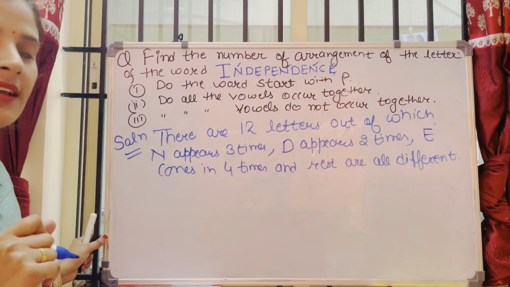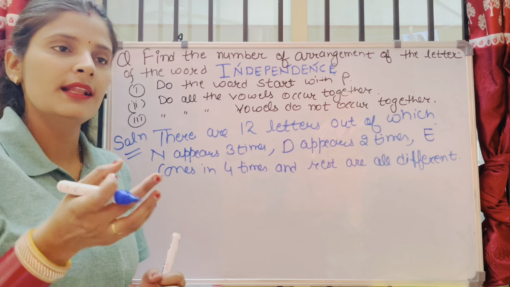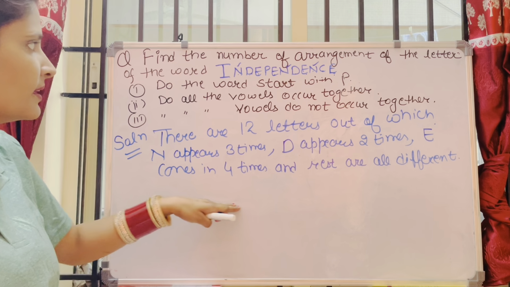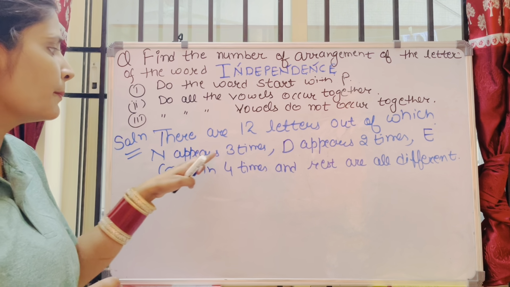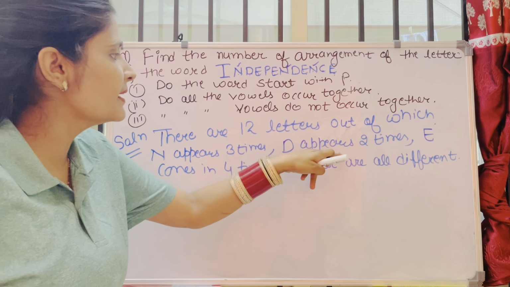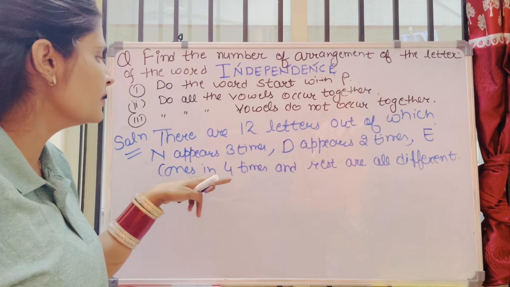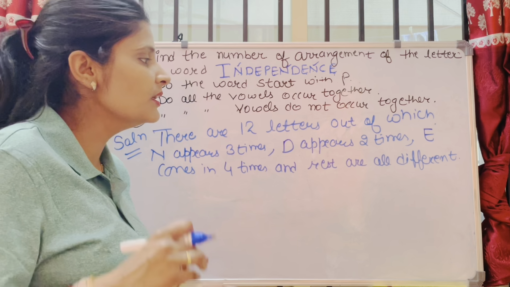So the first step is to write the repeated letters. In this word independence, there are 12 letters, out of which N appears 3 times, D appears 2 times, and E comes 4 times, and the rest are all different.